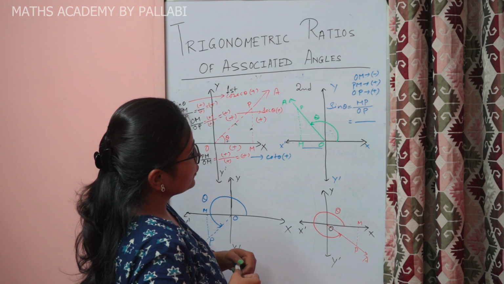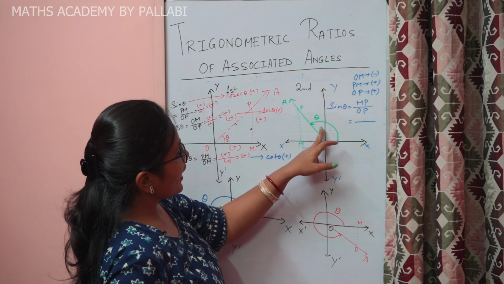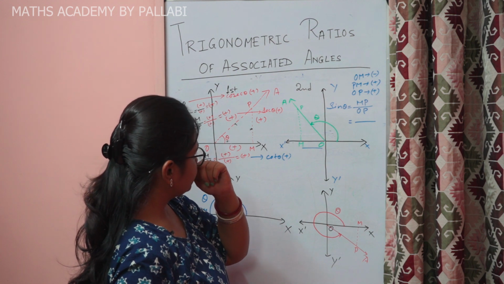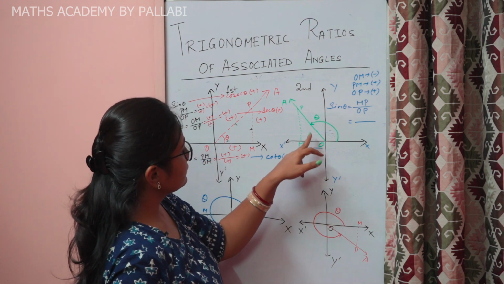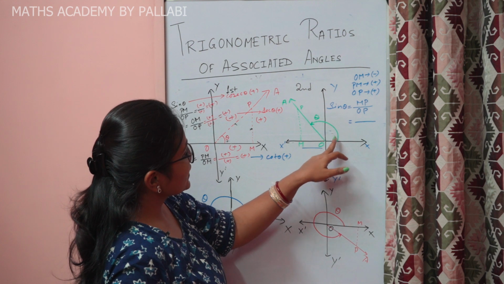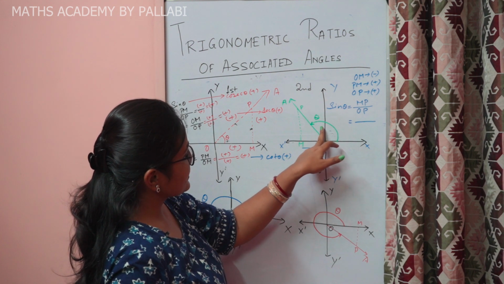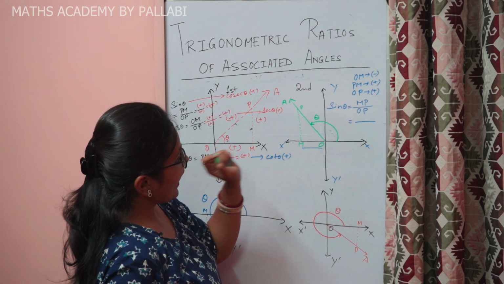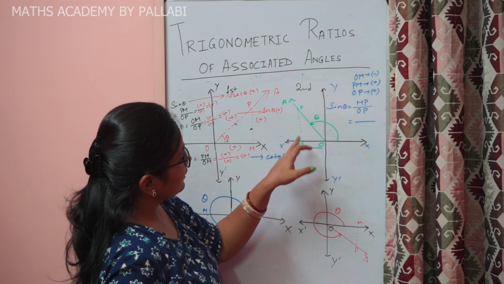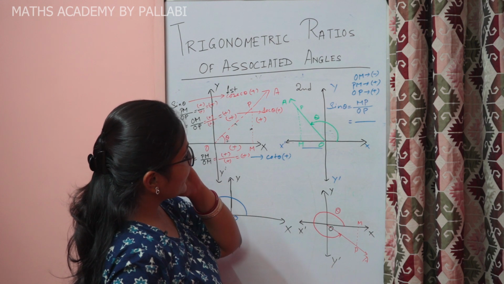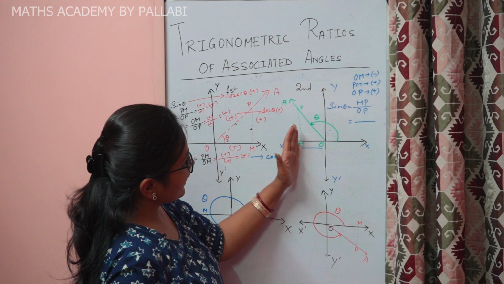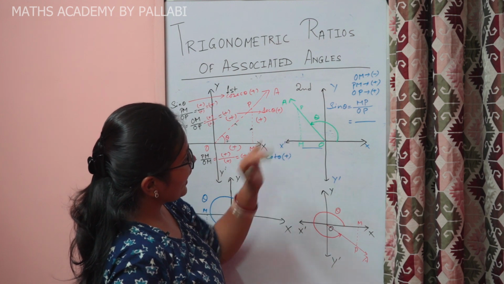Hope it is clear to you. Since we are considering this angle as theta, the opposite side of the angle will be the height. So this is your perpendicular, this is your MP, and OP will be the hypotenuse.